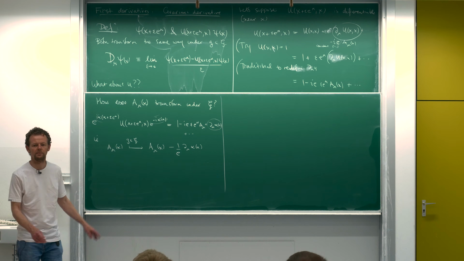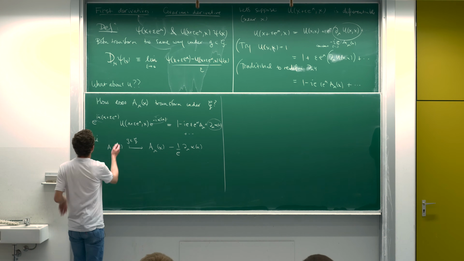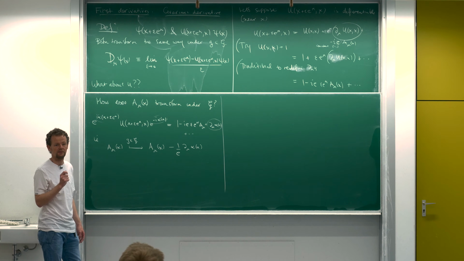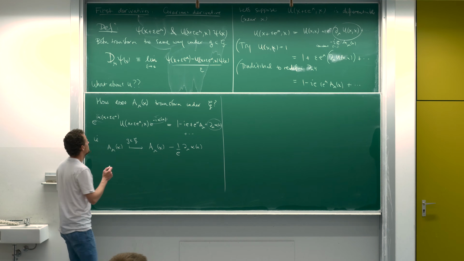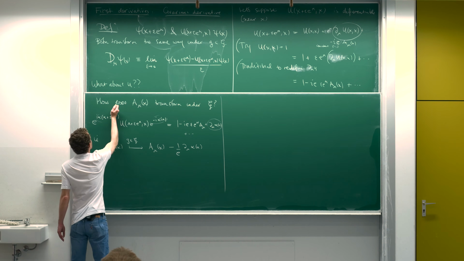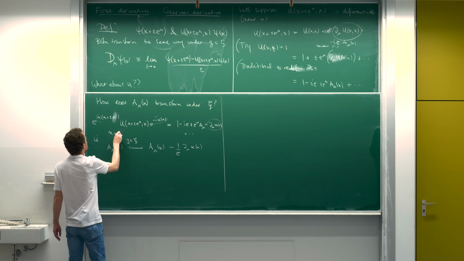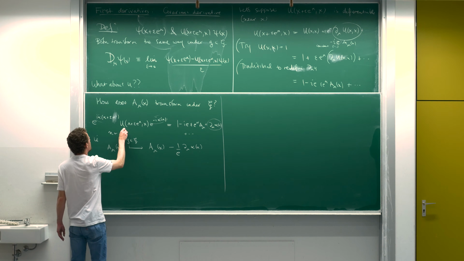Okay, I'm slightly unhappy with the notation I've used here. I'm going to rewrite this slightly to get rid of potential confusions. So n is just some 4-vector.